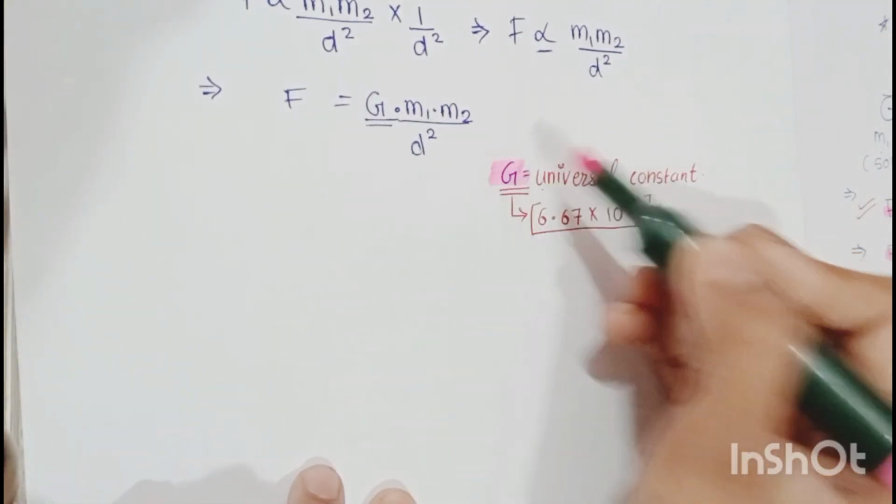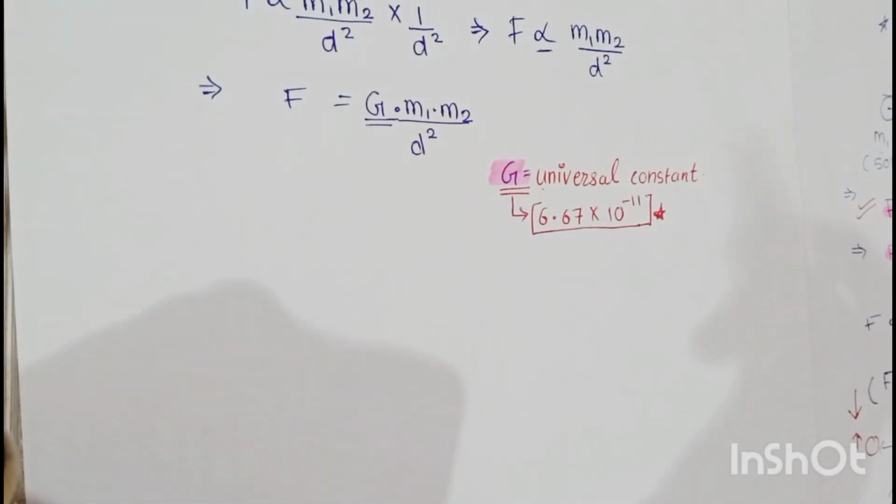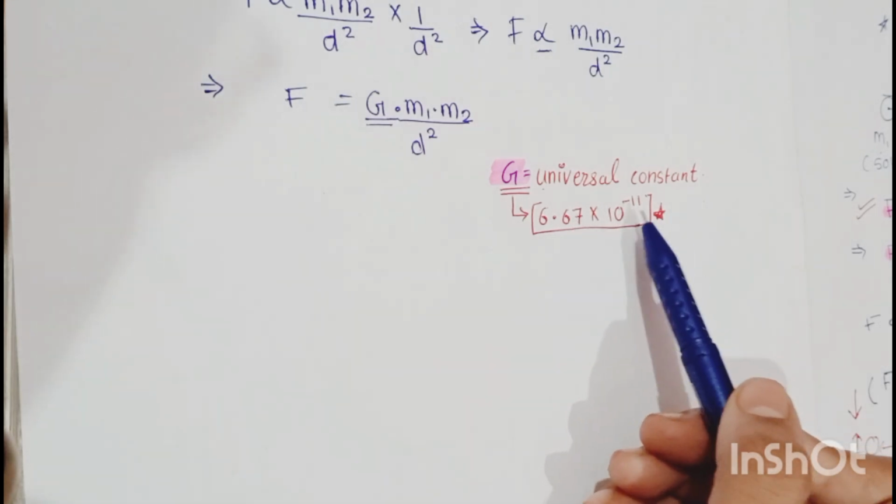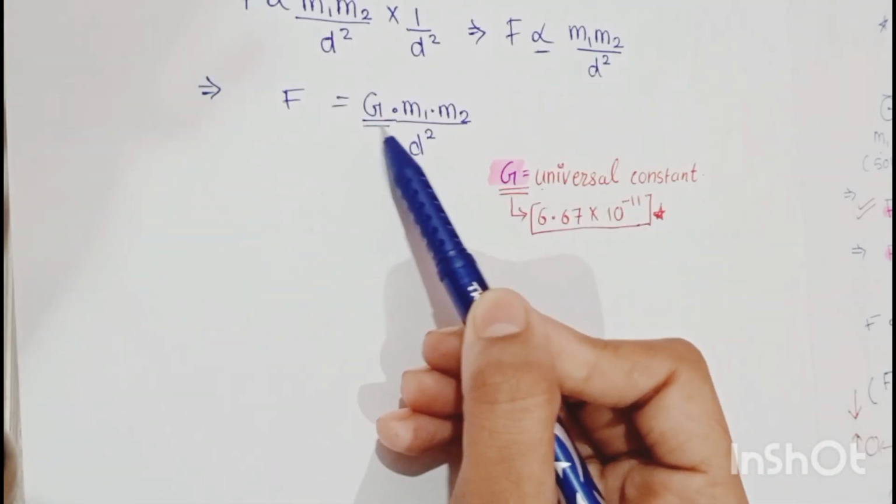It is not any force, it is just a constant number, like the constant variables that we use in math. It has no formula, nothing else. It only has a fixed value, that is 6.67 into 10 to the power minus 11, and we use it as a constant.